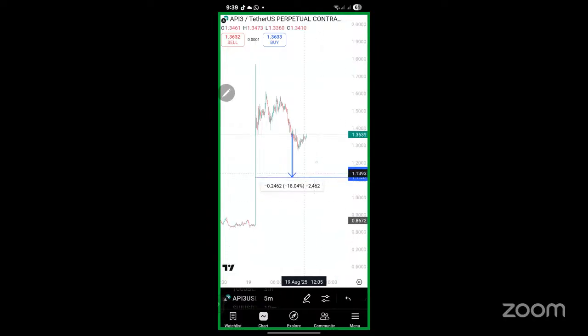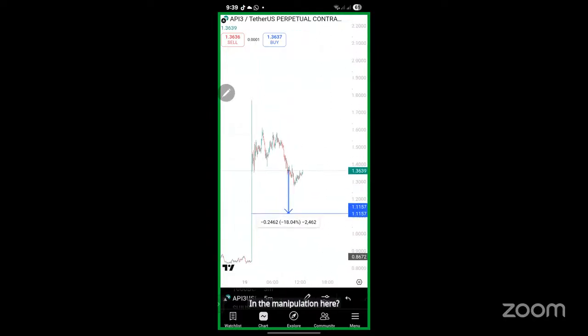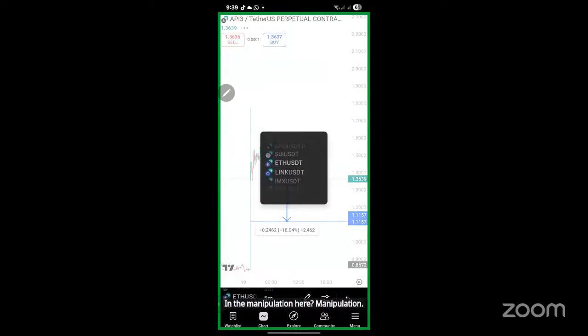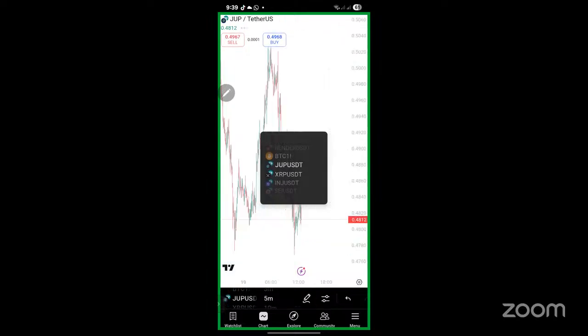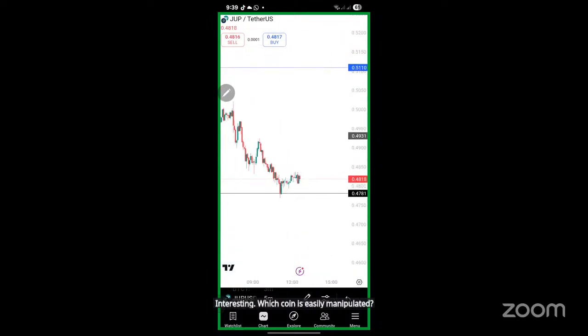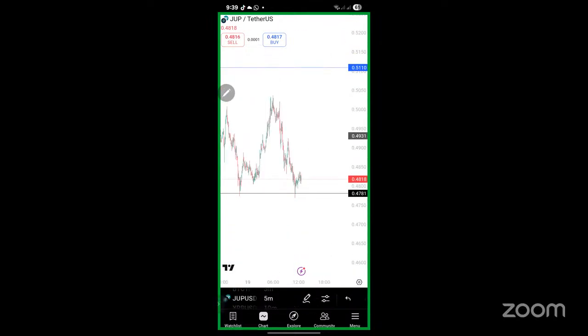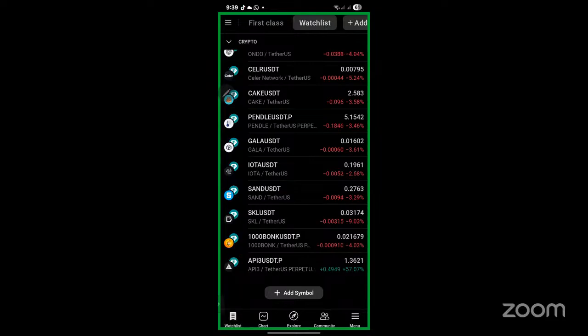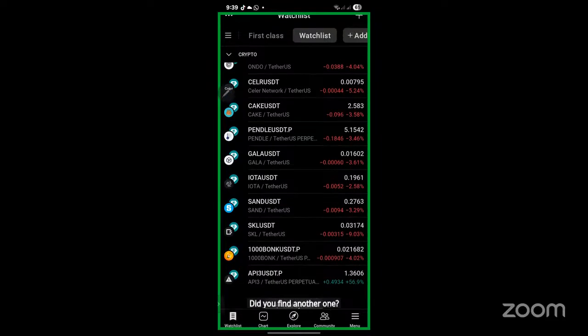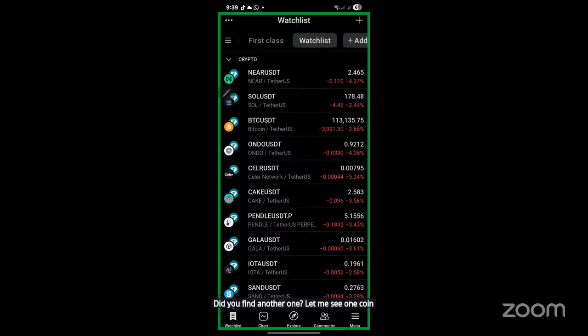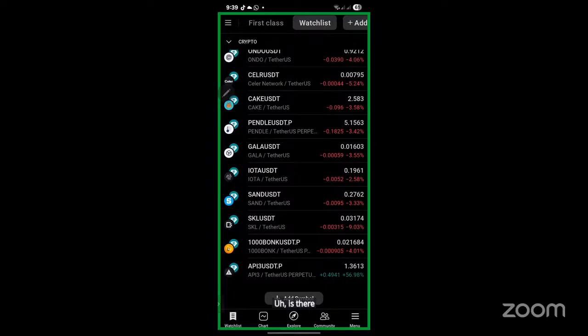Any manipulation here? No, this is not manipulation. Let me see. Which coins are easily manipulated? Let me find another one. Let me see one coin that is manipulated. Is there any coin that is manipulated? Let me see here.